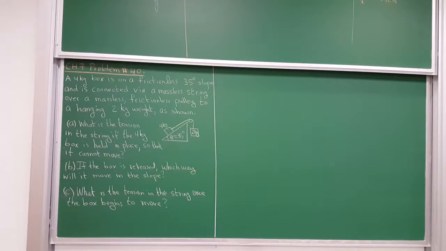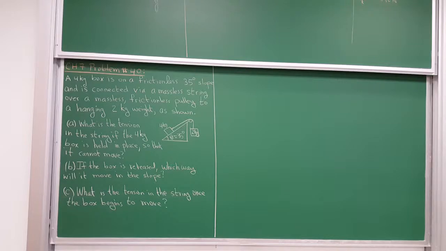And then it's connected to a 2 kilogram object as shown. And then it says, what is the tension in the string if the 4 kilogram box is held in place so that it cannot move? And then if the box is released, which way will it move in the slope? And then it says, what is the tension in the string once the box begins to move?